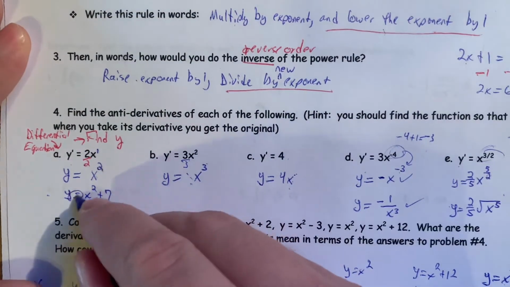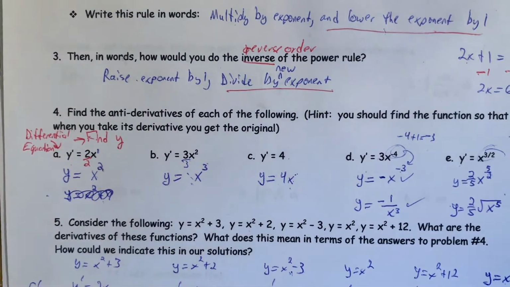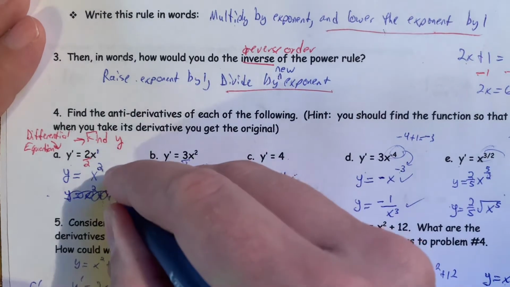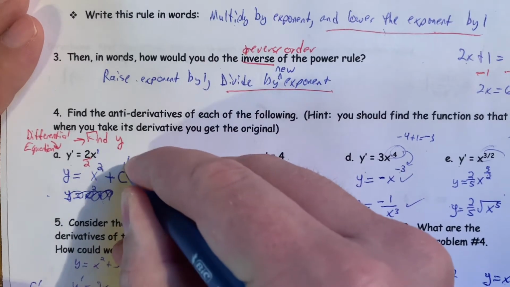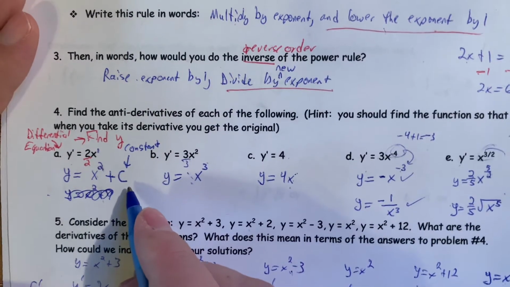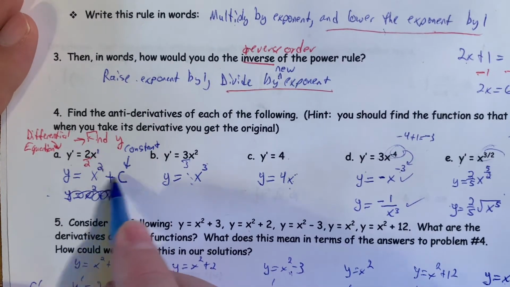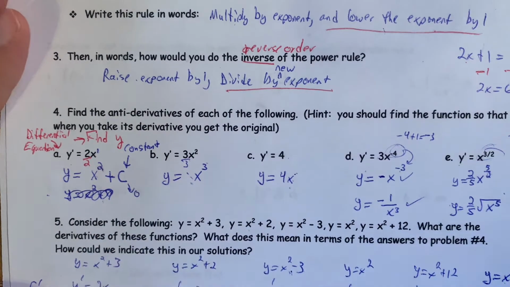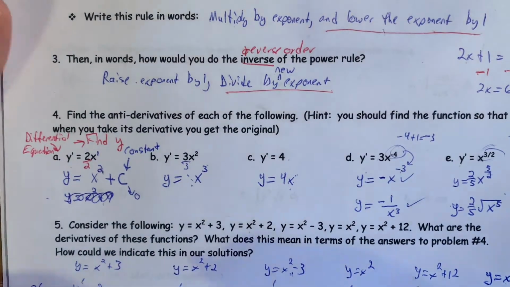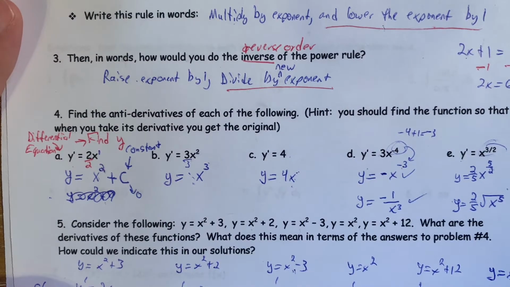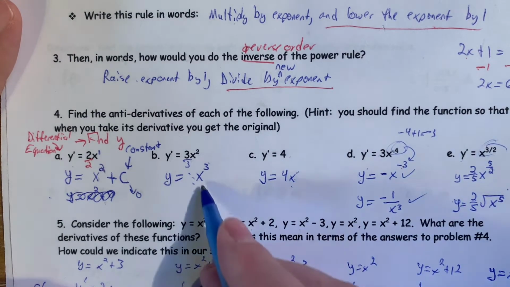And so when we're doing the antiderivative, when we're undoing the derivative, you can always add in a constant, because the derivative of the x squared will go to 2x and the derivative of the constant will go to 0 when you take the derivative. And so whenever you do an antiderivative, there are actually an infinite number of solutions that all have that same derivative.